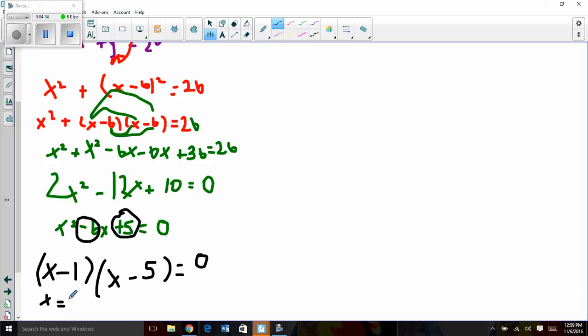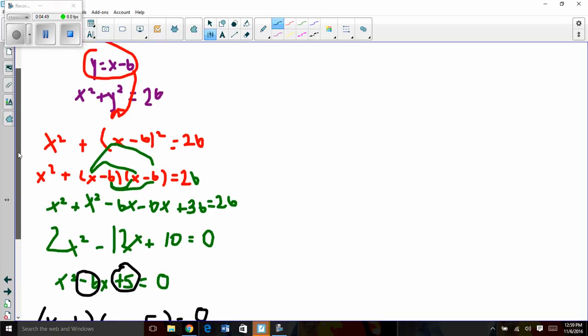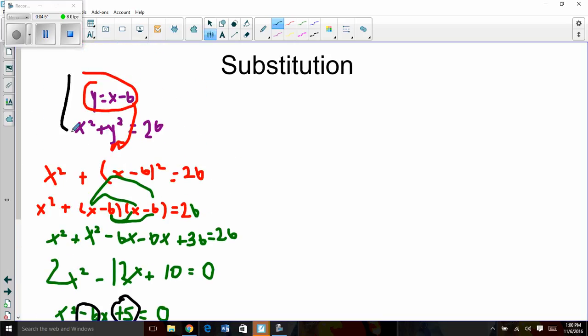So that's awesome. To find our y solutions to these two equations, we need to go back and plug in our 1 and our 5 back into any equation up here, any of these. Doesn't matter which one. I'm going to pick the easier one.